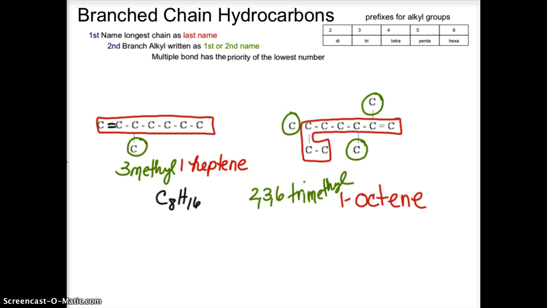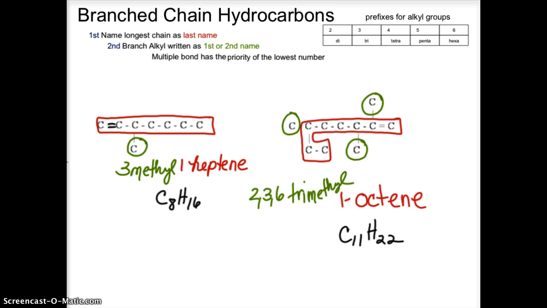So 2, 3, 6-trimethyl-1-octene. Again, it is still an alkene, so its general formula would be C, let's see, I've got 8, 9, 10, C11, H22, because it follows that general formula of CnH2n. And if you don't remember that, you're going to want to look at an earlier learning video about general formulas.